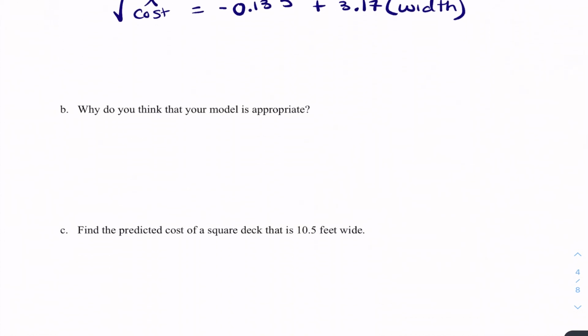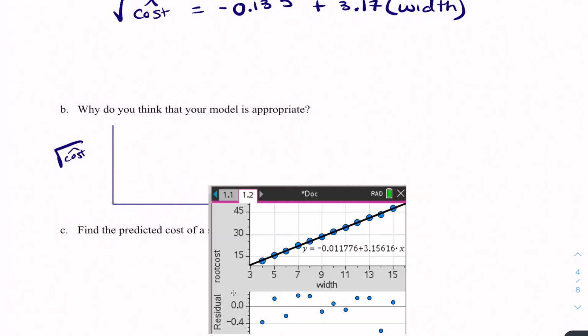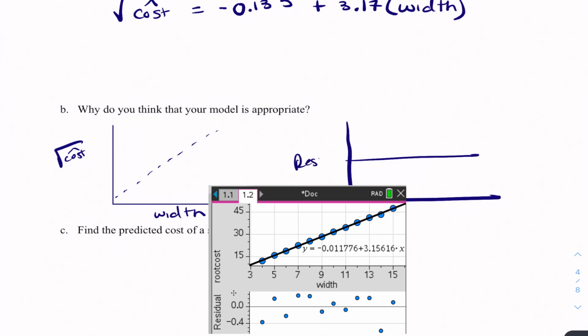Why do we think the model is appropriate? Well, simply put, if we put our scatter plot and we have square root cost, like we saw, to our width, our data was much more linear, and our residual plot that we saw showed, let's say predicted cost, showed a lot more scatter.